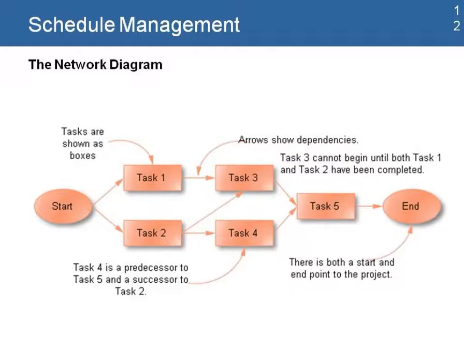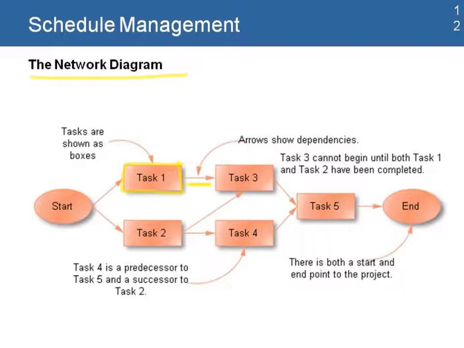Another tool that we use in schedule management is the network diagram, and this is a representation of the work that helps us look at the dependencies and the sequence in which each one of the tasks or activities in the project will happen. The network diagram basically uses boxes to represent the tasks and arrows that show the dependencies.